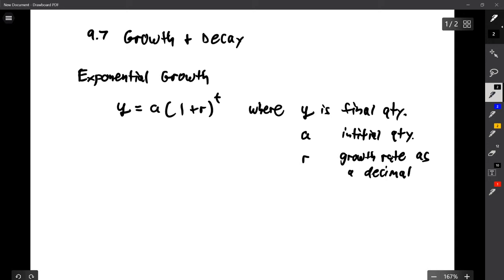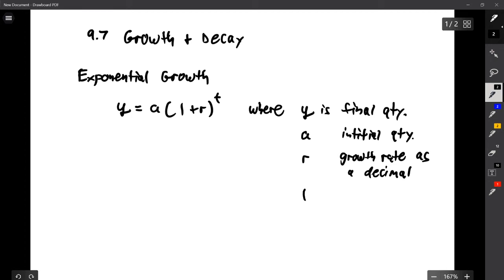In other words, if something is growing at a 10% rate, you use 0.1. If something is growing at a 25% rate, it'd be 0.25. If it's growing at a 5% rate, it'd be 0.05. So r is a decimal.